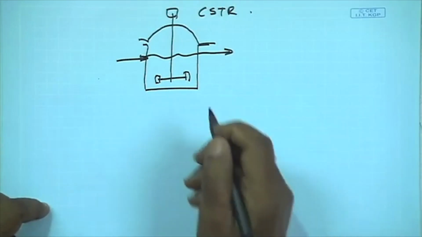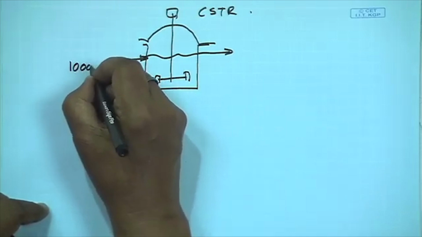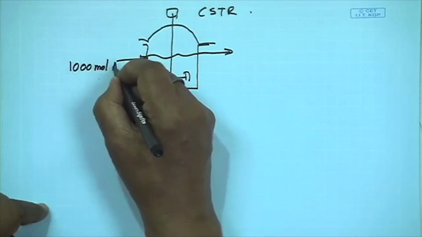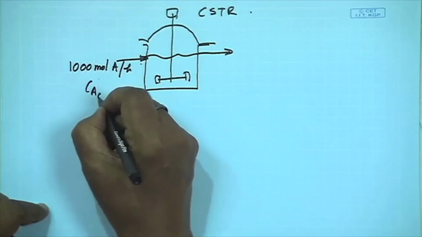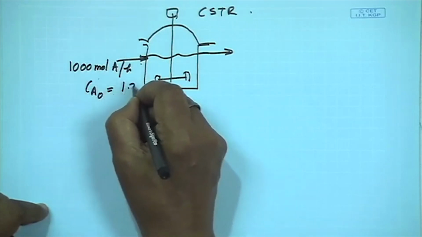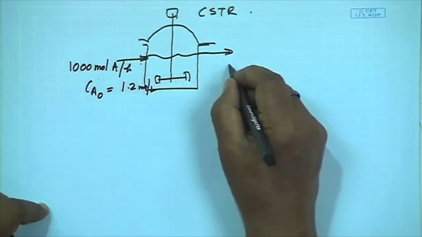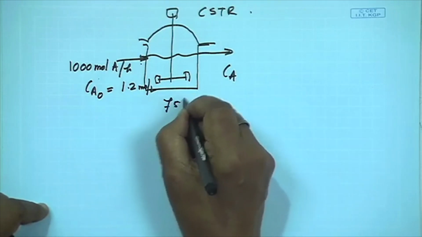So he is saying that the input here is 1000 mole of A per hour, and Ca0 is 1.2 mole per liter. Now, for Ca, this is 75% conversion.